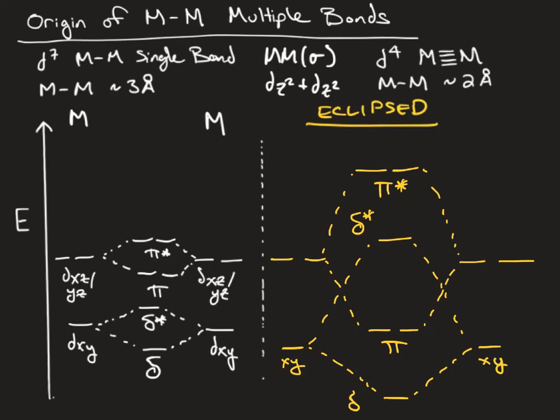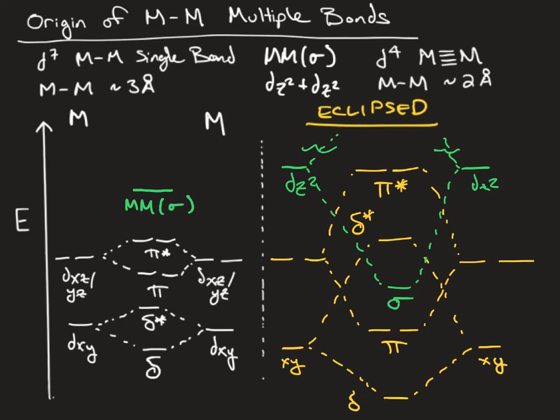For illustrative purposes, I'm going to put in where the corresponding sigma orbital is. So here's your metal-metal sigma formed from the dz squared overlap. Here, because of that short metal-metal bond, this dz squared interaction drops very low in energy. And then the antibonding orbital goes up higher in energy. So there's your sigma type bond.